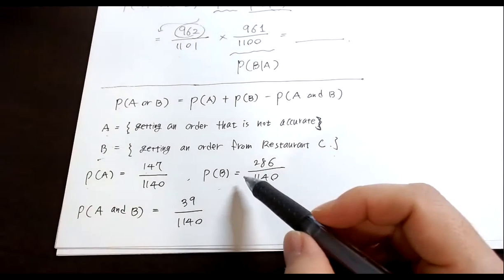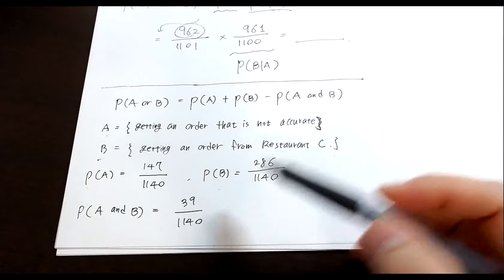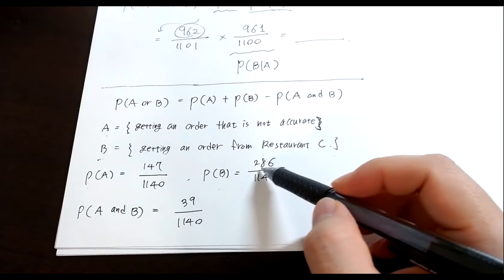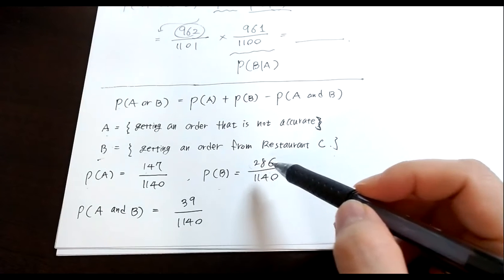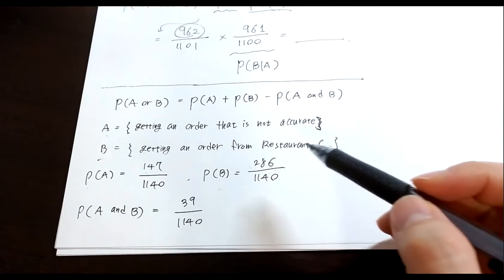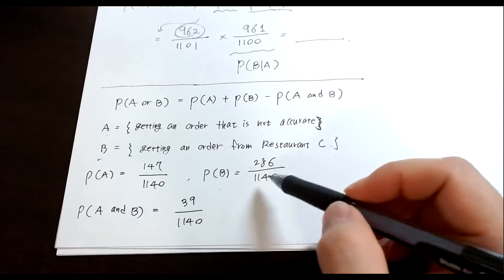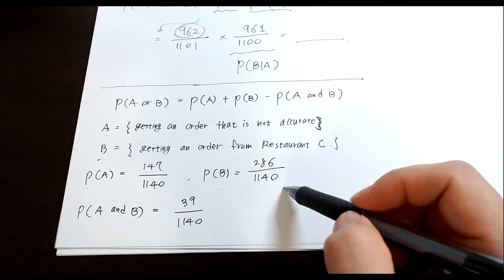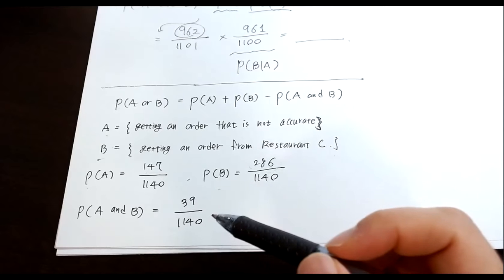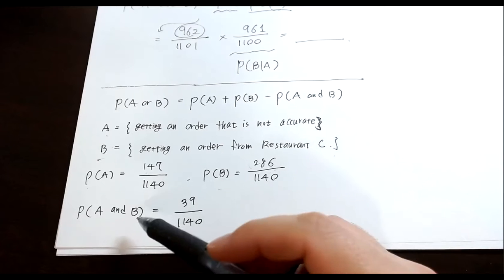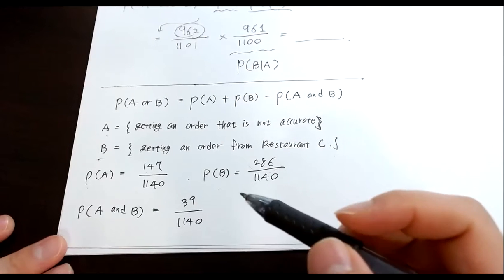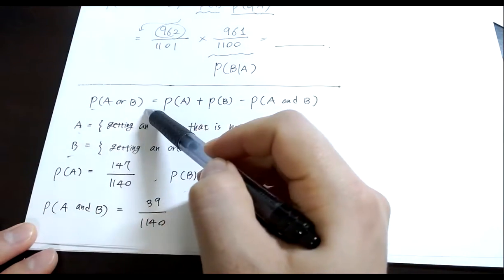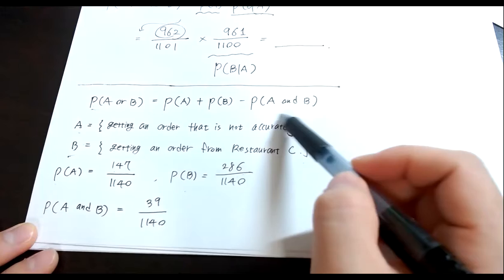And the probability of B is going to be 286 over 1140, where 286 is the total number of orders from restaurant C, divided by the total number of orders across all restaurants, which is 1140. Now we need to figure out the probability of A or B. Using the addition rule, it's going to be P of A plus P of B minus P of A and B, right?